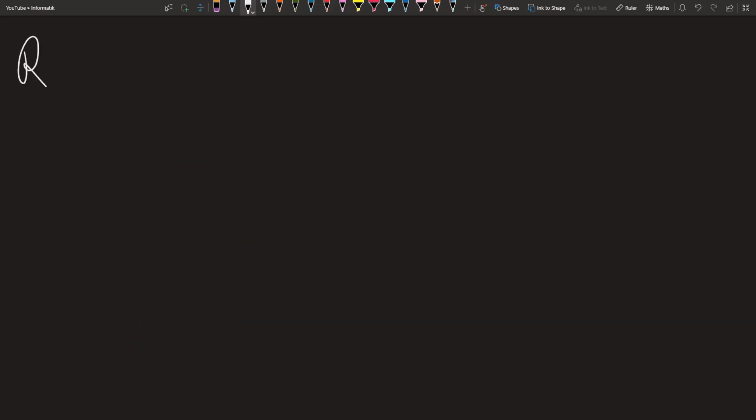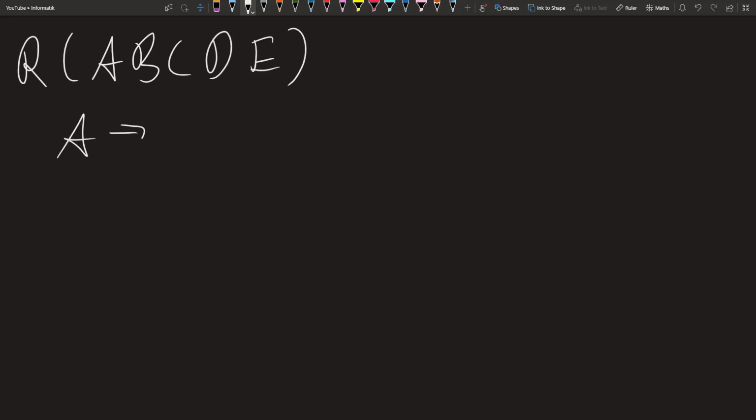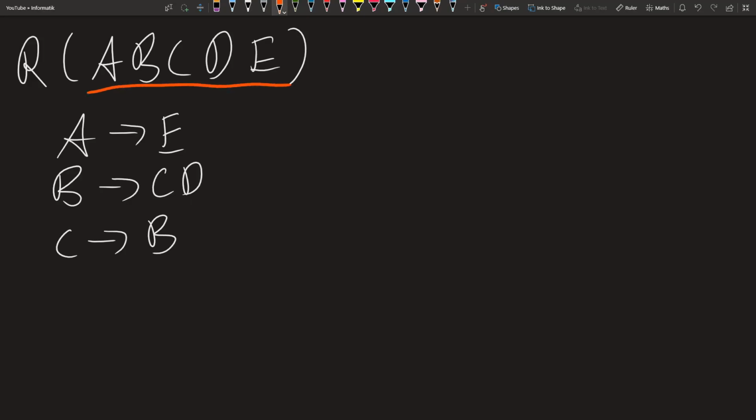We have the relation A, B, C, D, E. That's everything. Then we have our dependencies. A determines E, B determines C, and D. We have C determines B. So first, checking again the right side, always the best thing to do first.